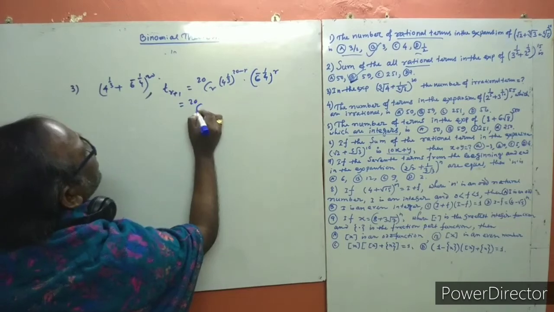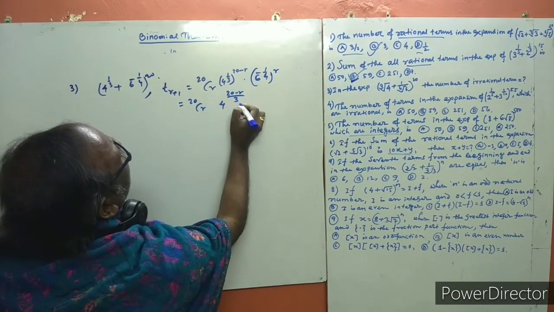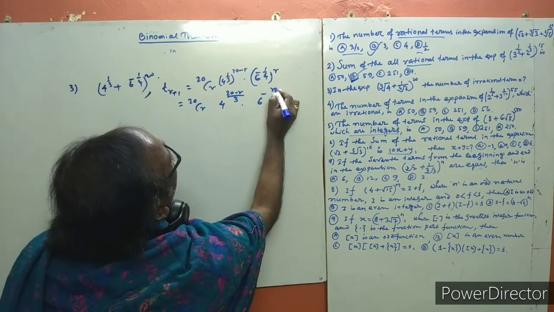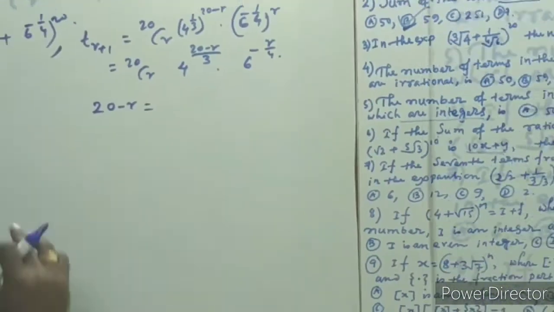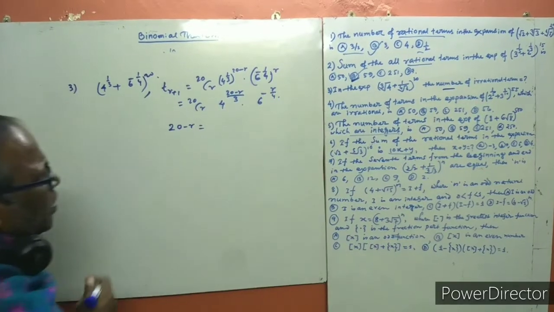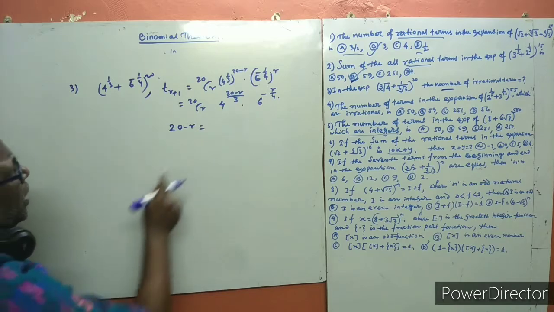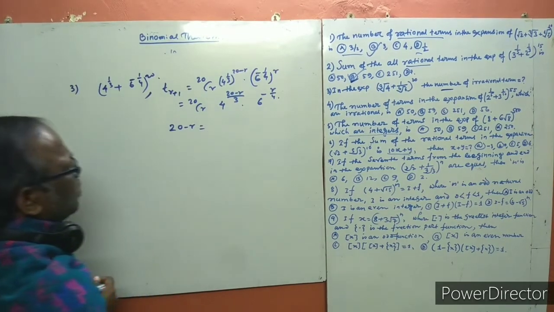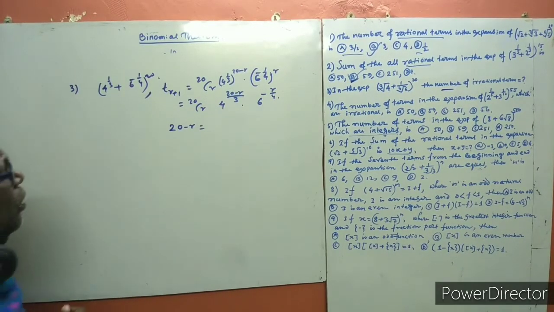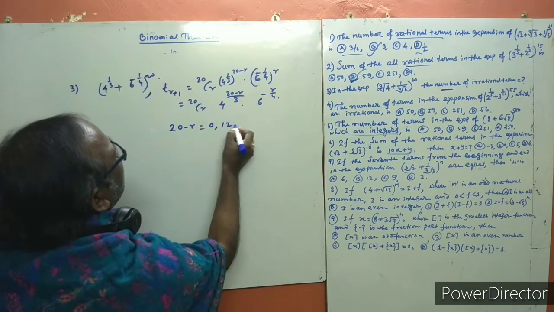That is 20Cr, 4 to the power (20 minus r)/3, and 6 to the power r/4. In the expansion, the power is 20. So the LCM of 3 and 4 is 12, so we can take r as 0 or 12.